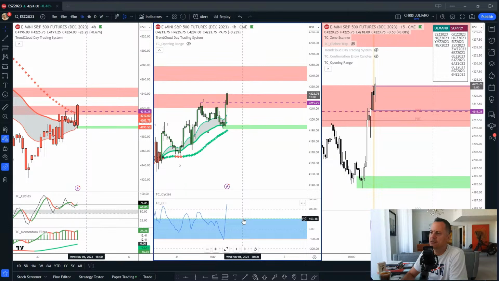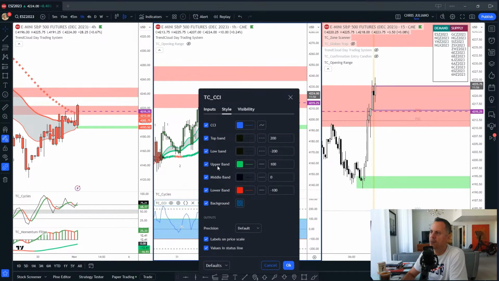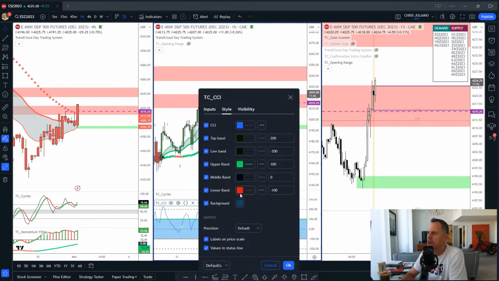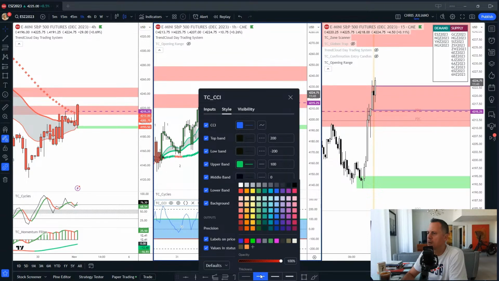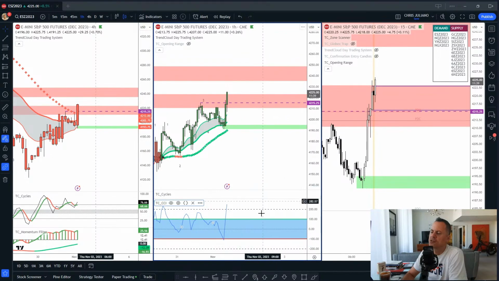And all I did was change this here. The upper band I made green, and the lower band I made red. In fact, I want that a little thicker. And you can just make it a little thicker there. Because I like to see those positive and negative 100 numbers.